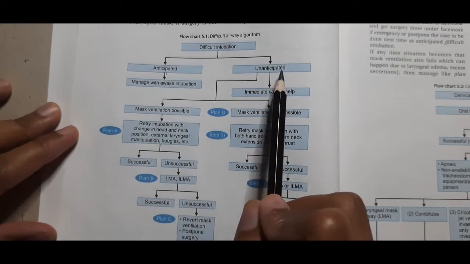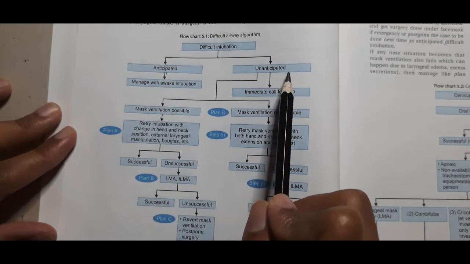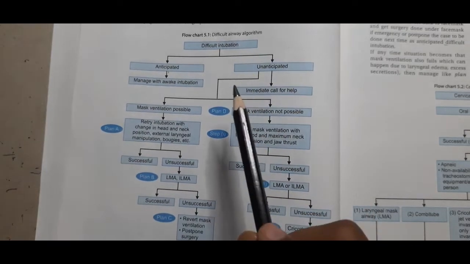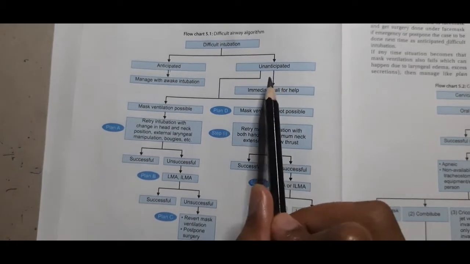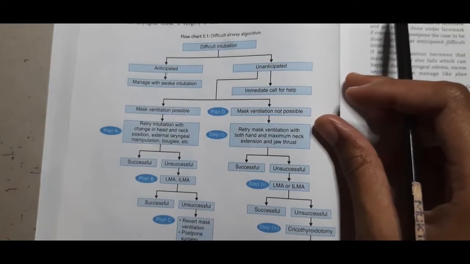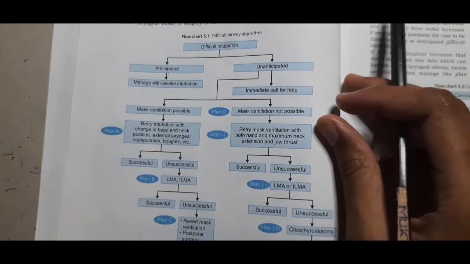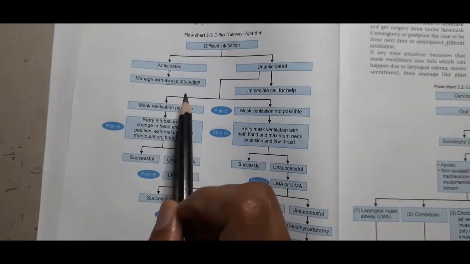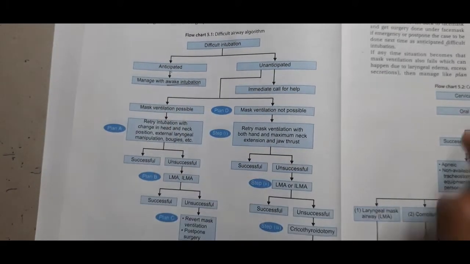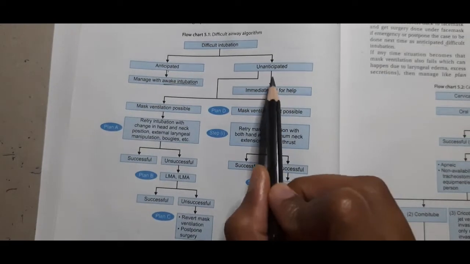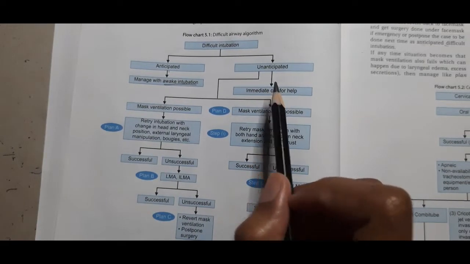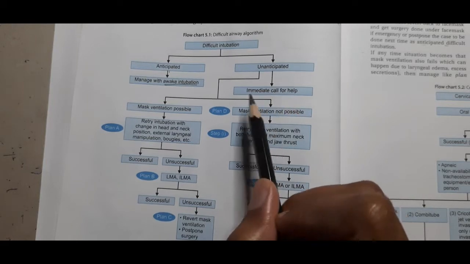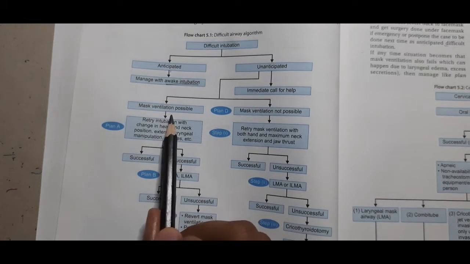The unanticipated is on the OT table, where the patient might be showing signs or causes that might be the reason for difficult intubation. So under anticipated, you can manage it with awake intubation, that is, the patient is awake and you try to intubate directly. But if it is unanticipated, there are two ways: either call for immediate help, or do mask ventilation as much as possible.